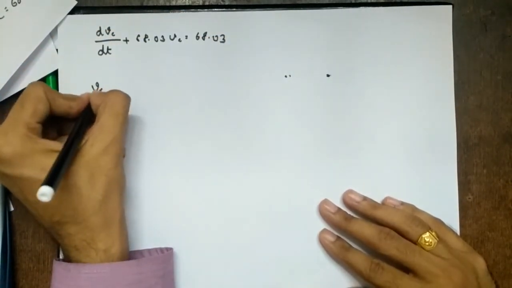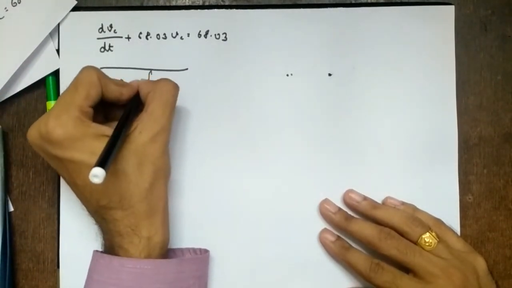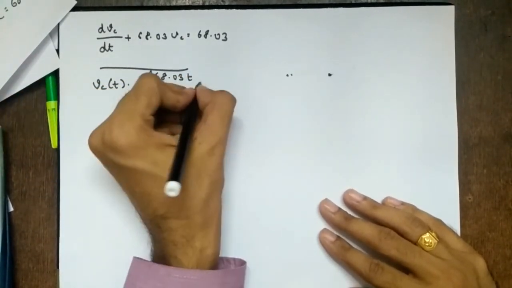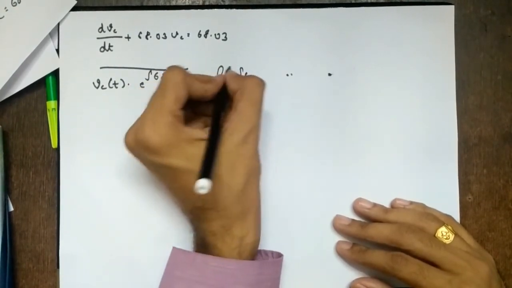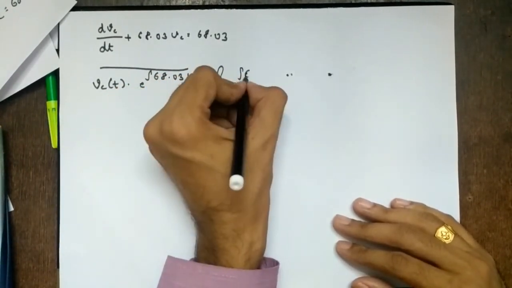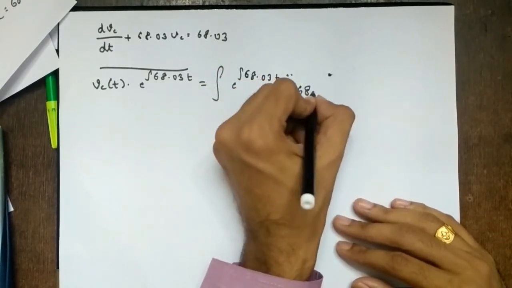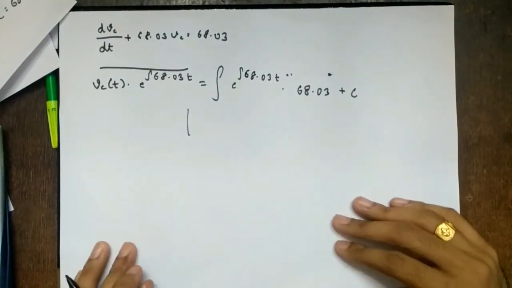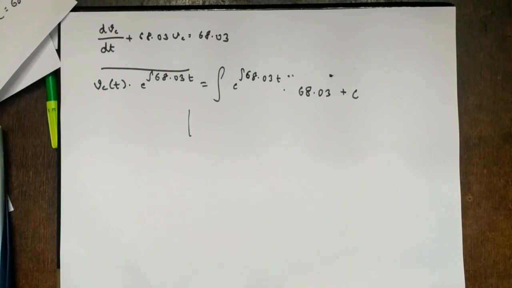Again the solution is given as Vc of t into e raised to the integral of 68.03 dt, the integrating factor, equal to the integral of the integrating factor into Q, so 68.03, plus c. Then you can solve this, right? This is your homework. So we'll stop here.